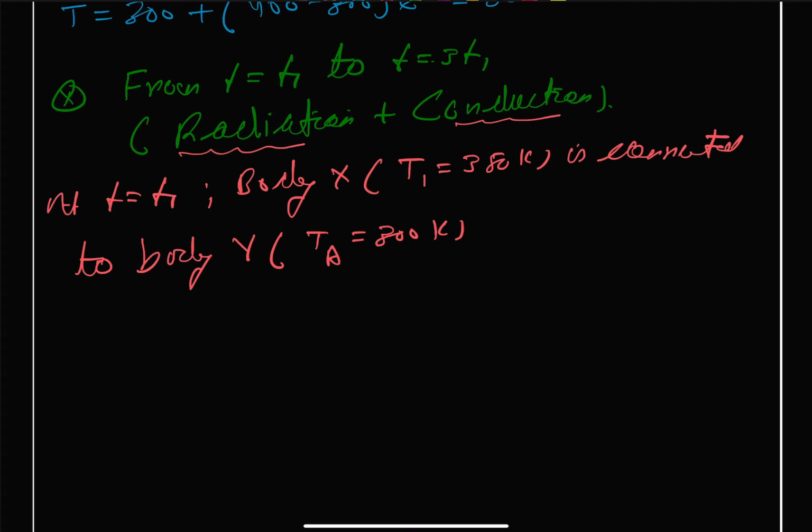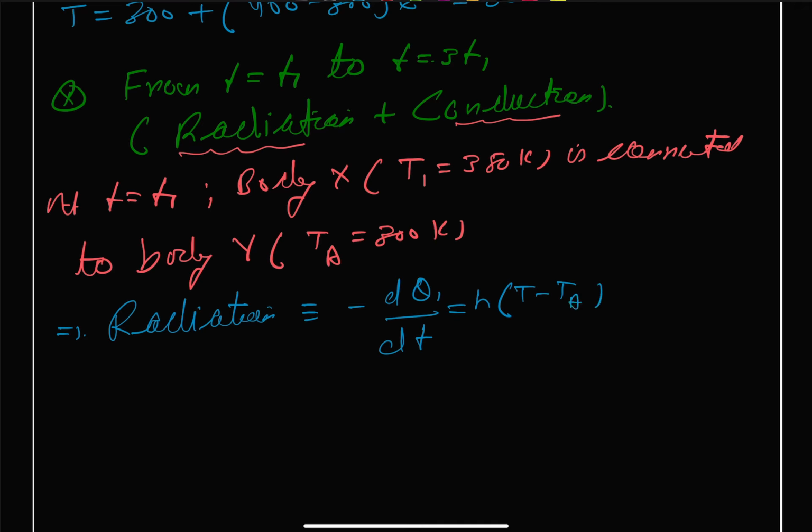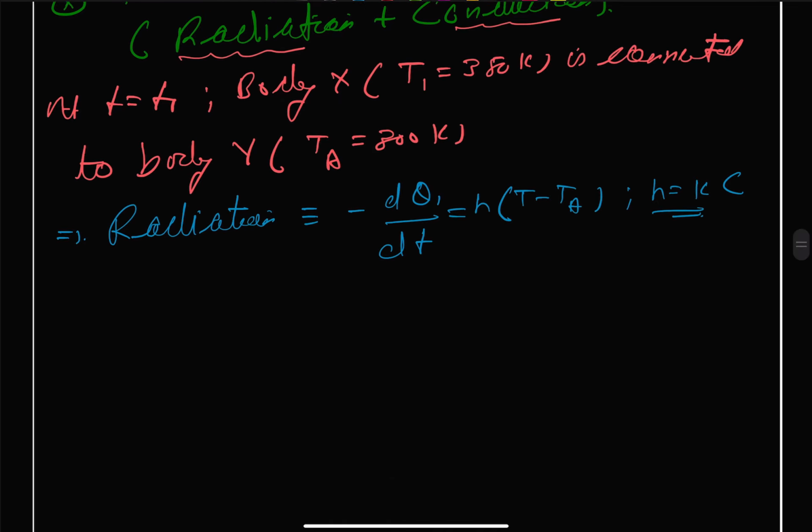So we can write from here that radiation, which is basically Newton's law, gives us minus the rate of radiated heat equal to H times T minus TA, where H is equal to K multiplied by capital C. Now we come to the conduction, that is the heat lost because of the connection to the rod, and it is also said that body Y is sufficiently large, its temperature is not going to change.